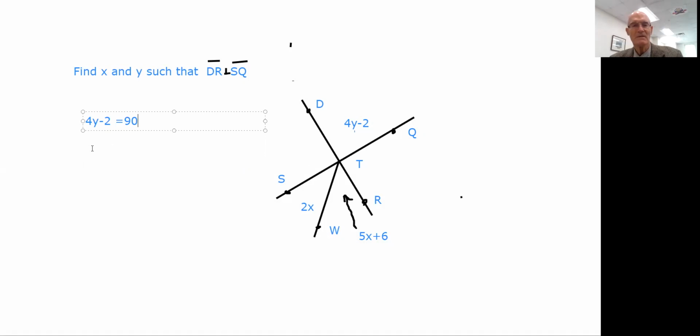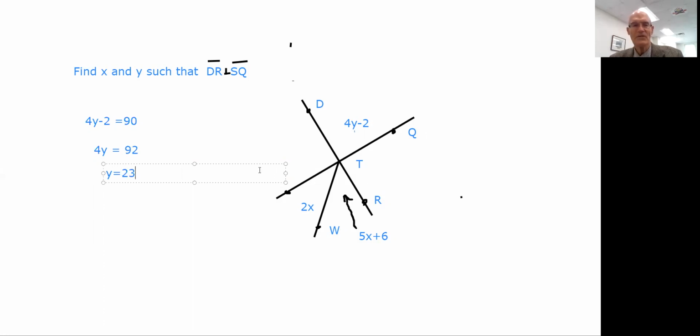So if we add, we just get 4y equals 92, and we divide 92 by 4, so half of 92 is 46, half of 46 is 23.